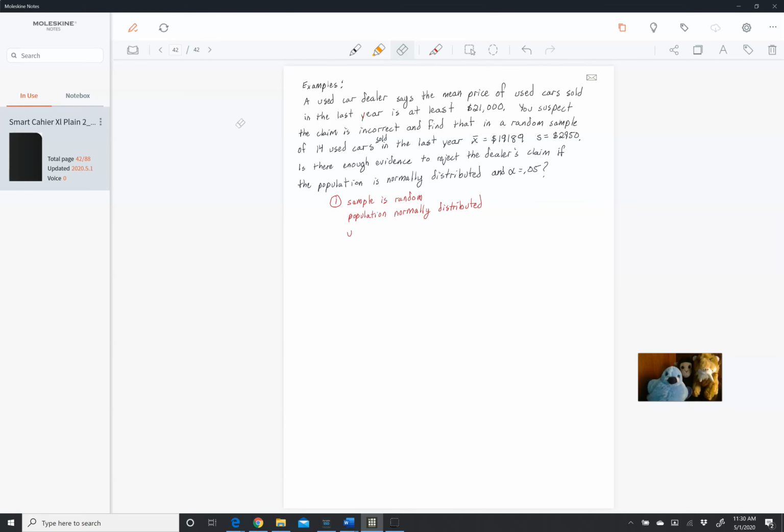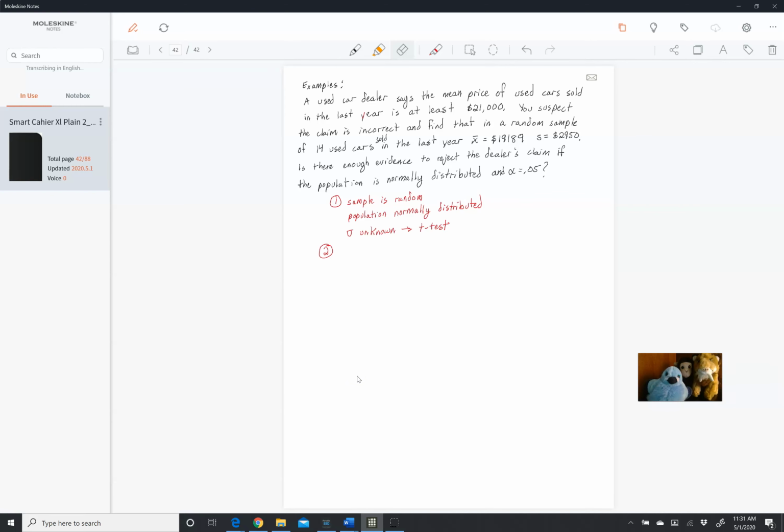And we're not given a population standard deviation. So our sigma is unknown, which tells us we're using this t-test. Okay, that's the only thing that that will do for us. If sigma is known, then we're doing the z-test that we did in the last lecture. Okay, second thing that we have to do.